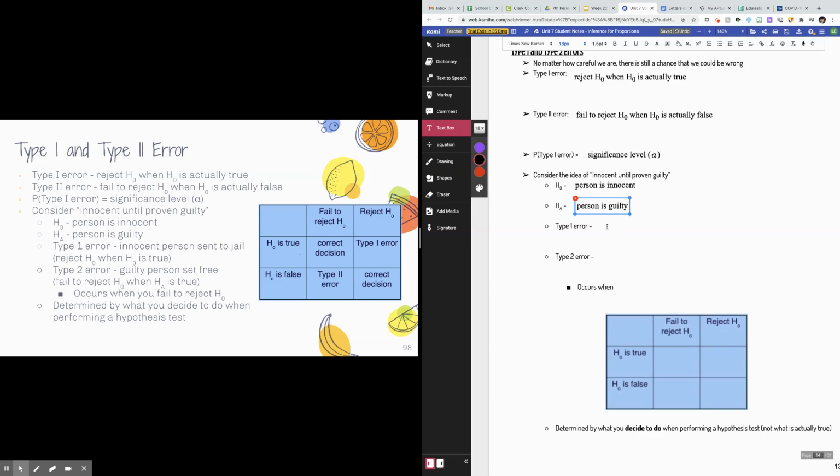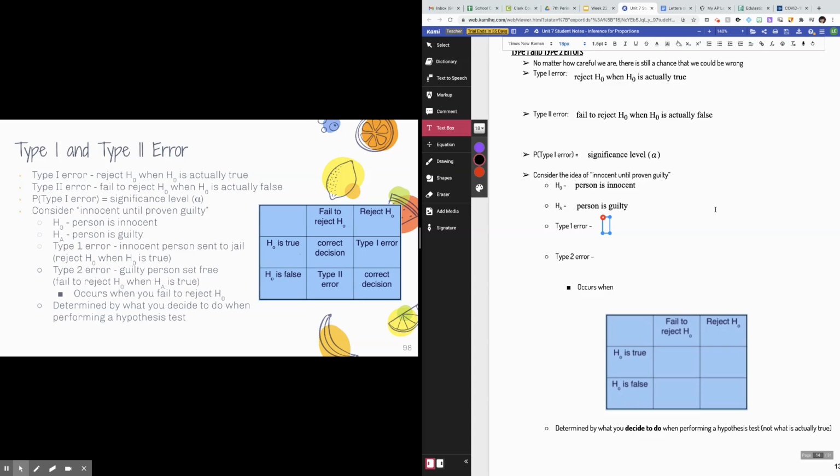A type 1 error would occur when we reject the null. If we're going to reject the null and go with the alternative instead, the result of saying that a person is guilty is that they would be sent to jail, but the reality is that the person is innocent. So the error is occurring because the decision we make is not matching the reality of the situation.